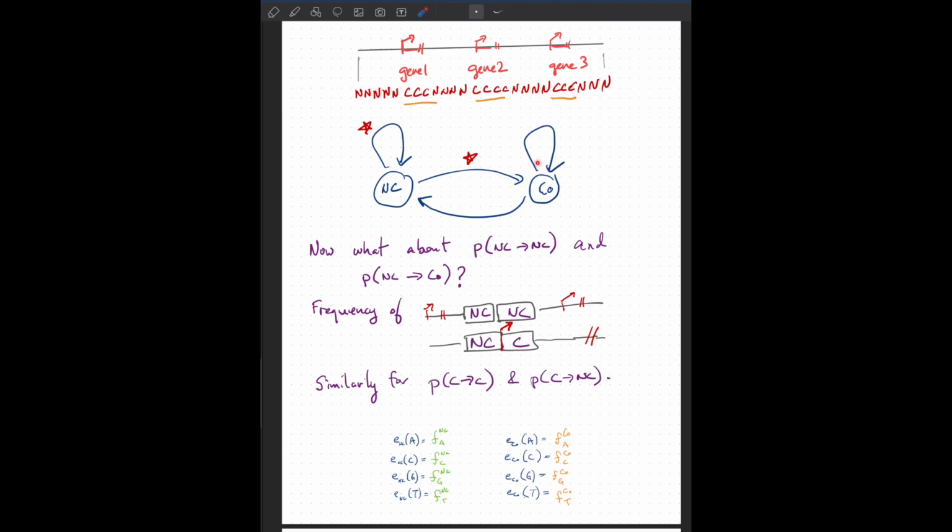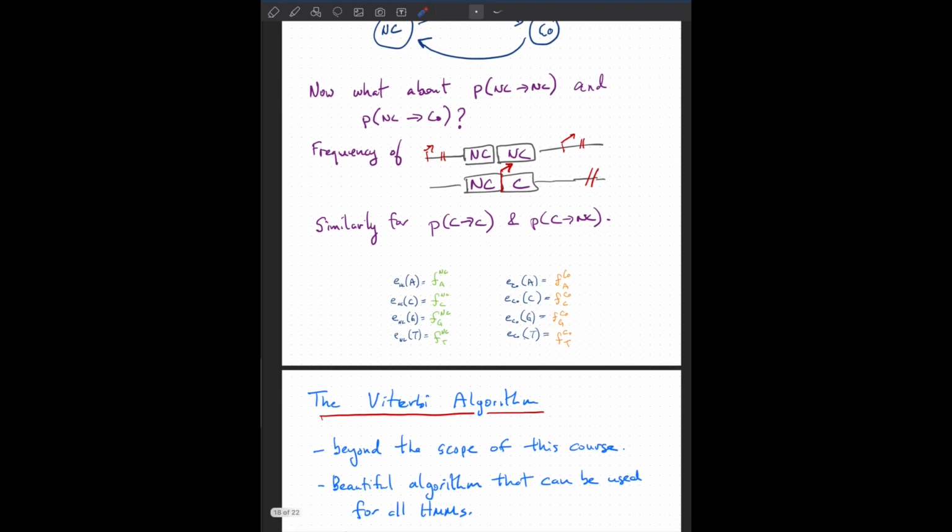Similarly for C to C and C to NC. C to C would be any examples where we have two C's in a row, divided by the total length of the chromosome. And C to N, or any of these examples here, it's basically the number of genes, divided by the total number of nucleotides in the chromosome.